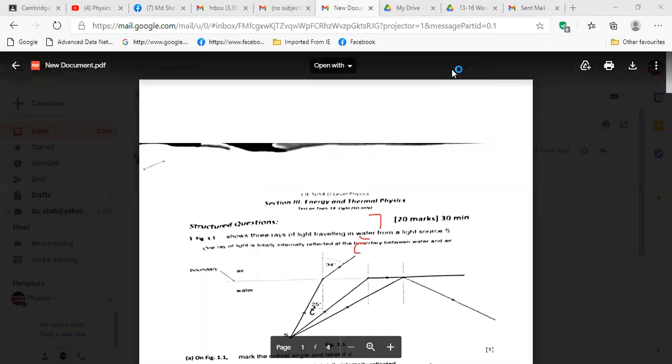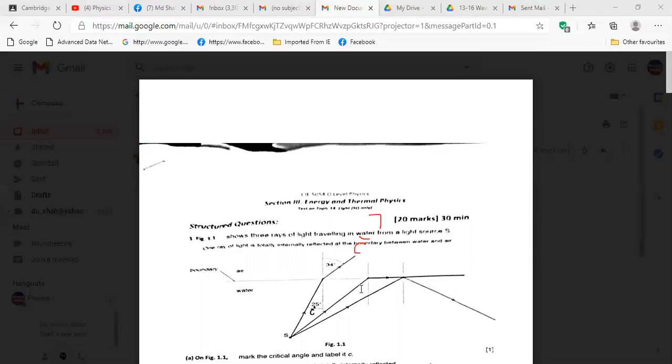Farabi, your angle of incidence you labeled for the first one. So it's not appropriate answer, right? Yes, sir. So what you have to do now on your test paper, you label it correctly.